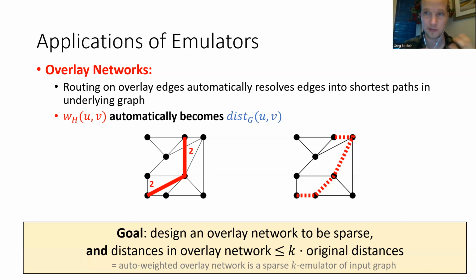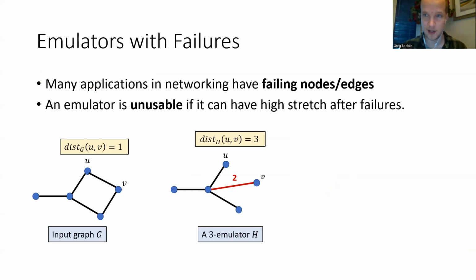You'd be introducing a lot of latency between those nodes, and that would be too big of a penalty to make using the overlay network worth it. So together, these two goals are exactly like saying that this automatically weighted overlay network is a sparse k-emulator of the input graph. Okay, so that's the tie between overlay networks and emulators, and we're going to run with it.